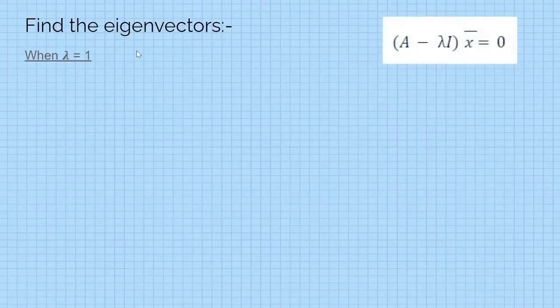To find the eigenvectors, we need to use this equation, which is (A minus lambda I) multiplied by the eigenvector equals 0.